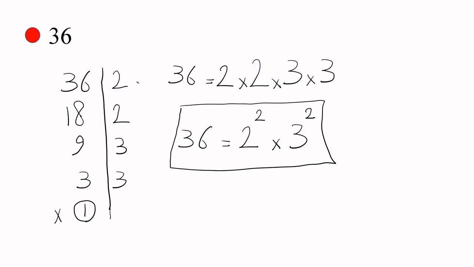Next, 72. Again, I'm going to write 72 and draw a straight line. Is there any prime number that I can divide 72 by? I start by checking 2, which is the smallest prime number. Yes, I can divide by 2 because it is even. If I divide 72 by 2, the answer will be 36.